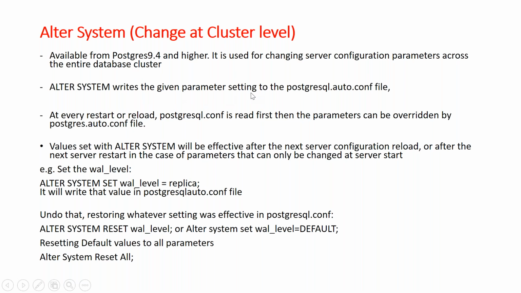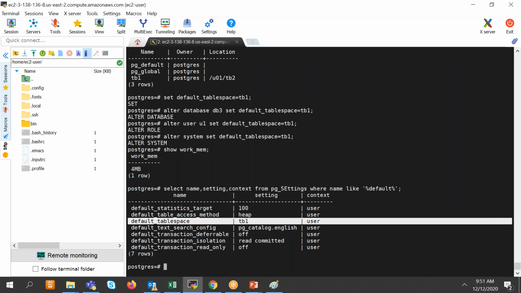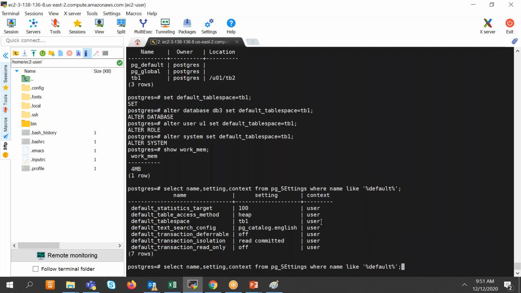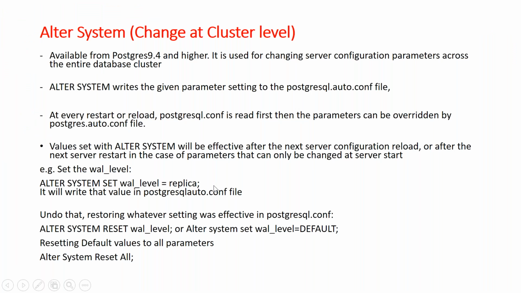Alter system writes the given parameter settings to the PostgreSQL.auto.conf file. Now if I see, you can see over here, this has been changed.